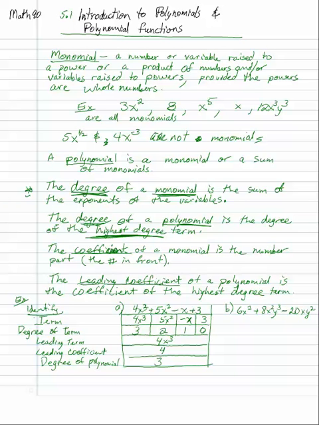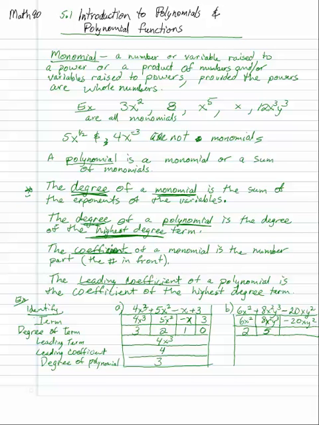Alright, so for b, let's see how you do it if there's more than one variable. We've got 6x squared, 8x squared y cubed, negative 20x y squared. So just 3 terms. The degree of the first term is 2. Now, for a monomial, you add the exponents of the variables. 2 plus 3 gets you 5.